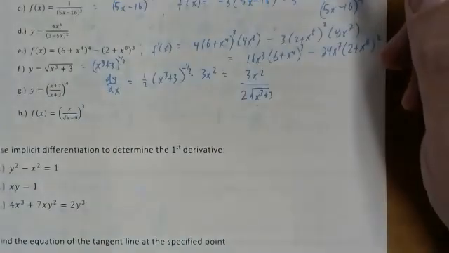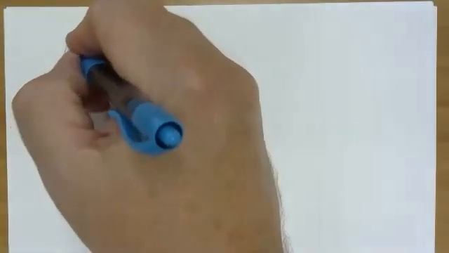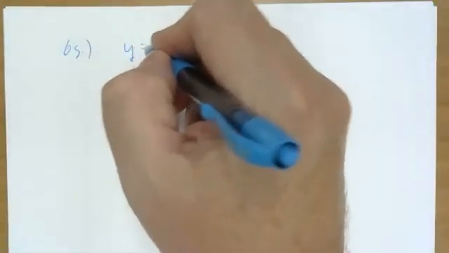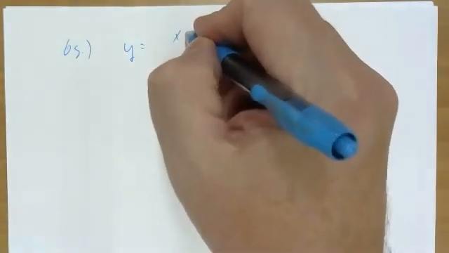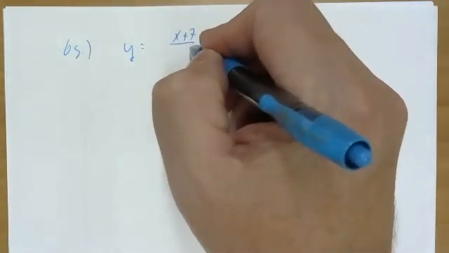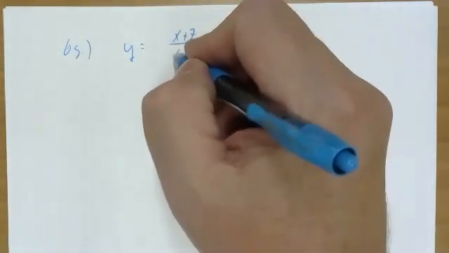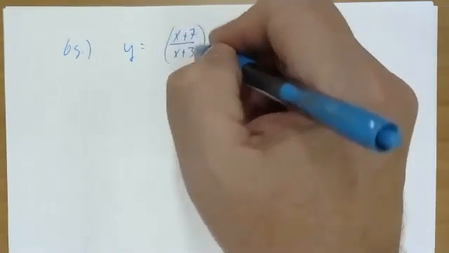Let me get a piece of paper for G. Looks interesting. 6g, y equals x plus 7. There's probably a couple ways to do this.